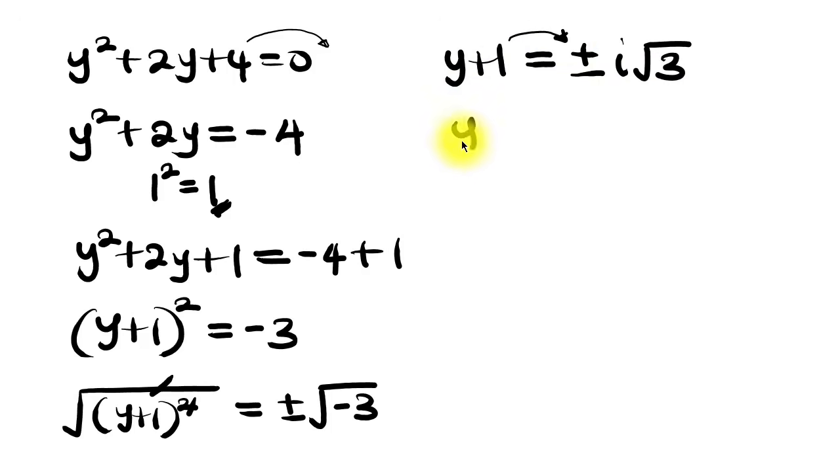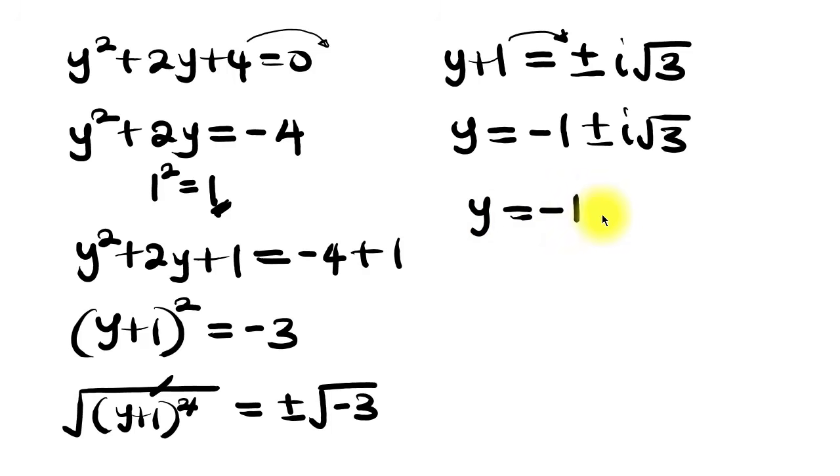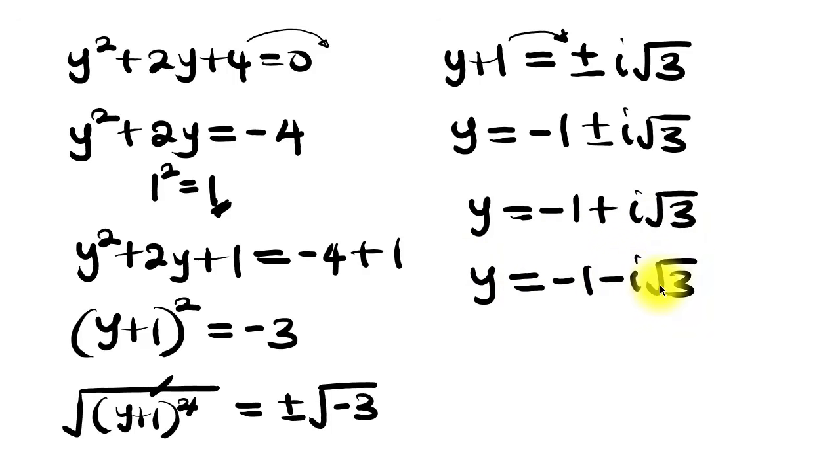So this becomes y equal to, as 1 crosses, it becomes negative 1 plus or minus i root 3. So we have two values of y from here, of which one of them is negative 1 plus i times root 3, and the other one is y equal to negative 1 minus i times root 3.